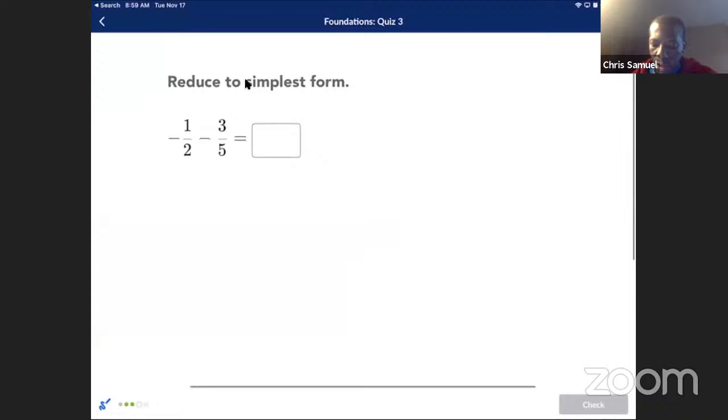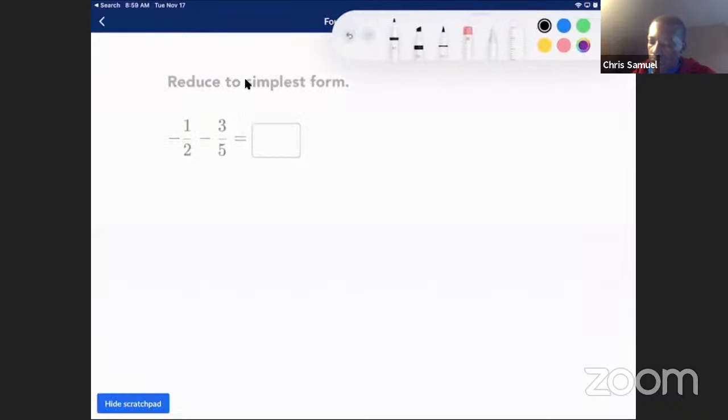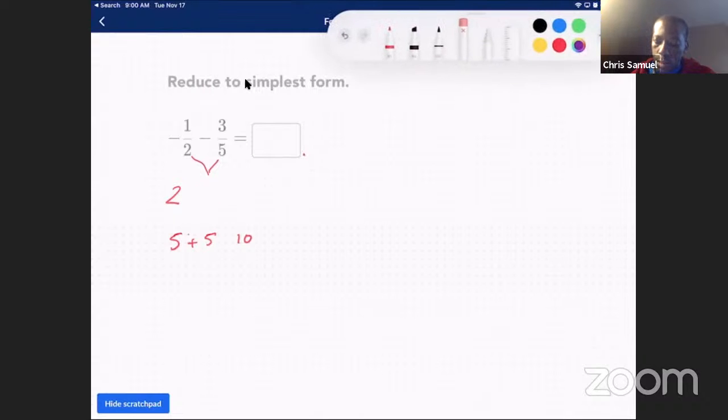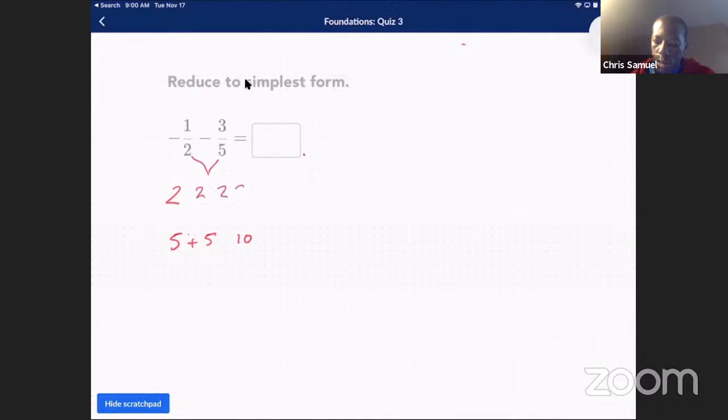Now we have the fractions in simplest form, and we're doing subtraction. In order to do subtraction, we have to find a common multiple between these two. We start with 2 and 5. 5 plus 5 is 10. So 2 times 5 equals 10.